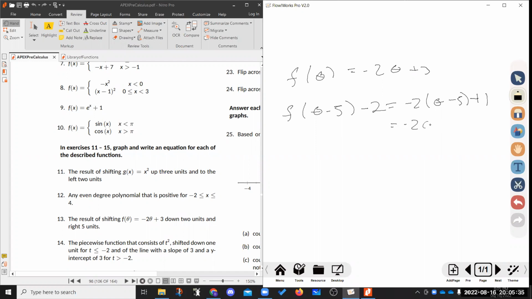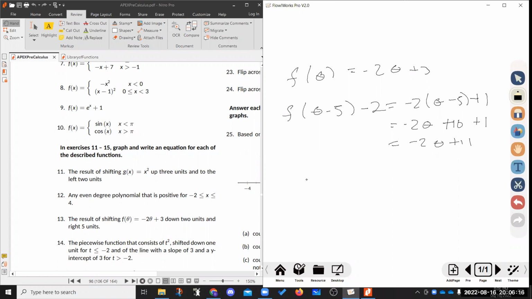So this is -2 theta plus 10 minus 2. And so this is going to be -2 theta plus 8. I think that's right.